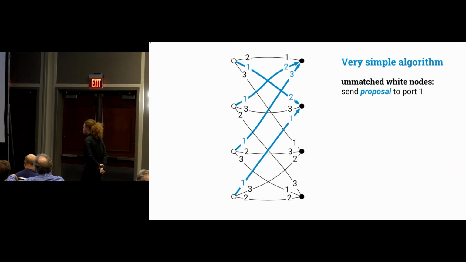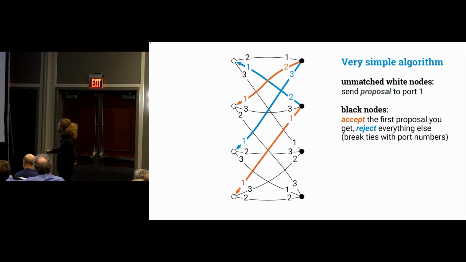And then the black nodes will respond. If a black node only gets one proposal, it will accept this proposal. If it gets more than one proposal, it will accept exactly one of those proposals. And it will break ties by just taking the proposal that comes in via the smaller port. So in this case, these two proposals will be accepted, and the other two will be rejected.